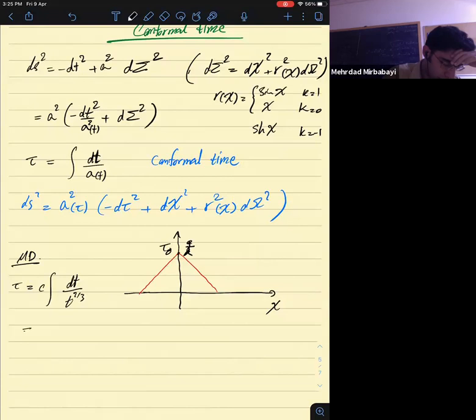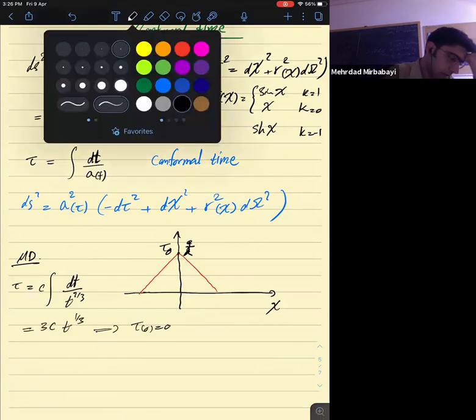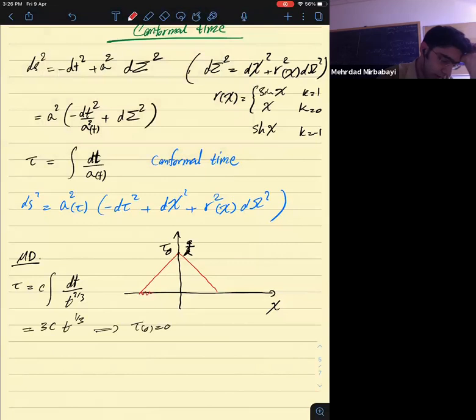So therefore tau is given by 3c t to the 1/3. So in particular, tau of 0 is equal to 0. Big Bang happens at tau equal to 0. So for matter-dominated cosmology, I will have the Big Bang singularity here at tau equal to 0.